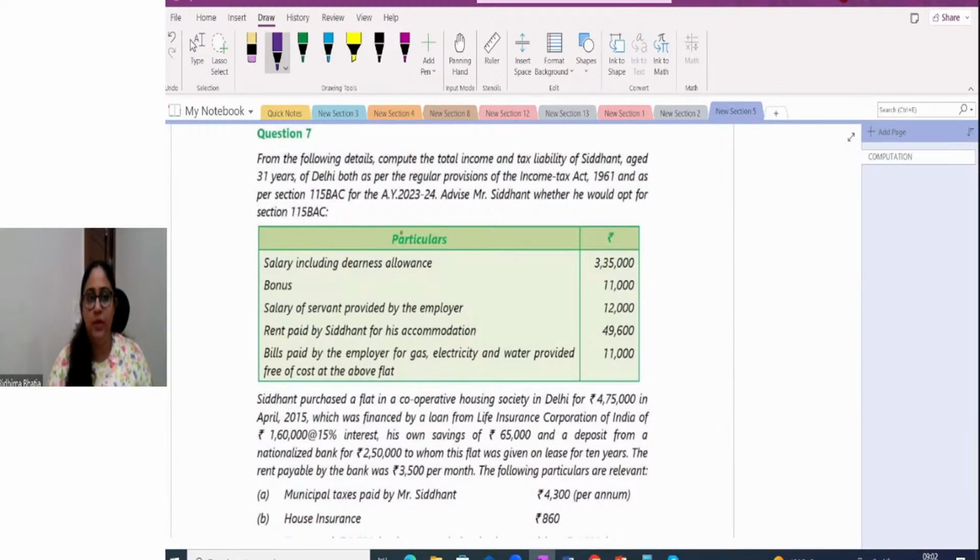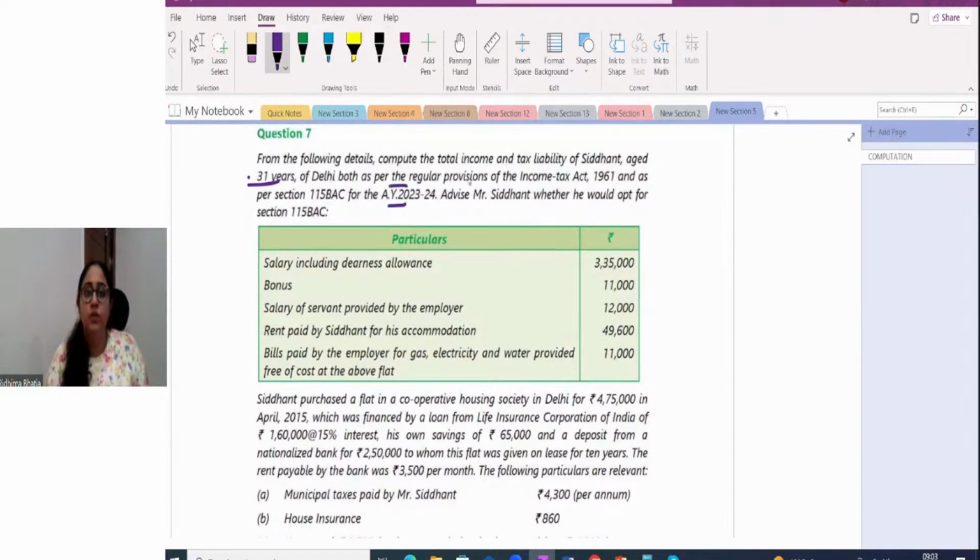From the following details, compute the total income and tax liability of Siddhant, age 31 years. In case age is not mentioned, always assume the person is less than 60 years of age and is not a senior citizen. Age 31 years, both as per regular provisions of the Income Tax Act and as per 115BAC. So you have to compute.